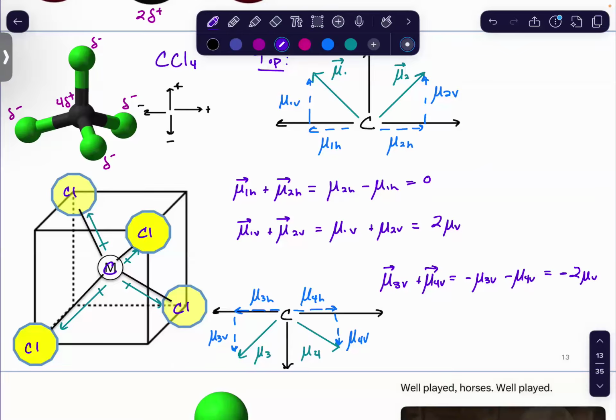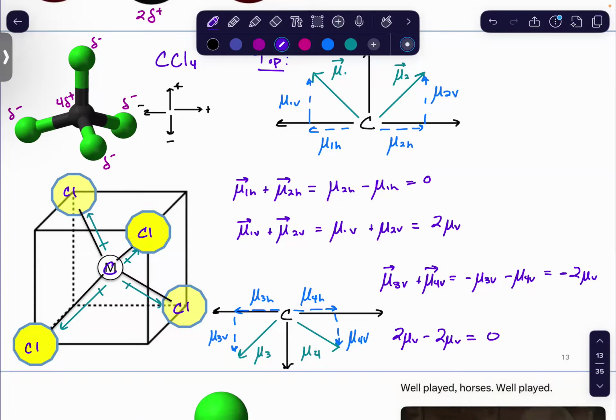So when we end up adding these two together, we see that in the end, all the horizontal and all the vertical components end up canceling out. So since we get a total of 0 from all of our components, this tetrahedral shape is nonpolar.